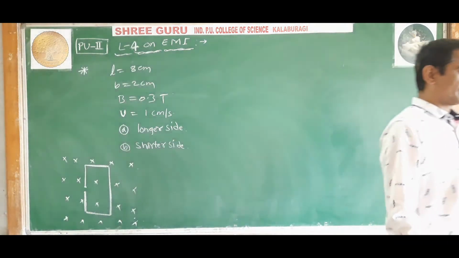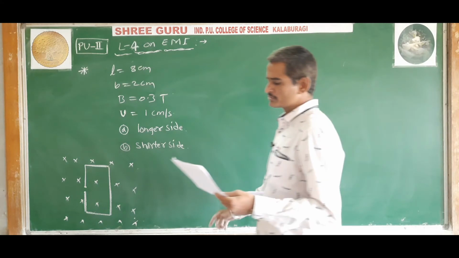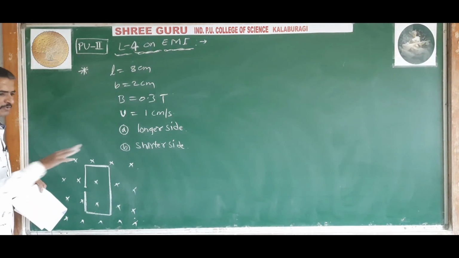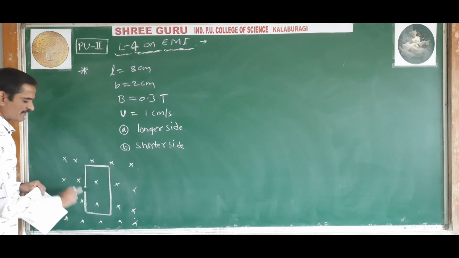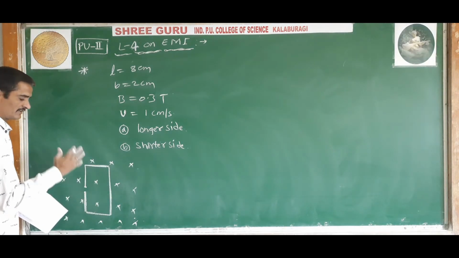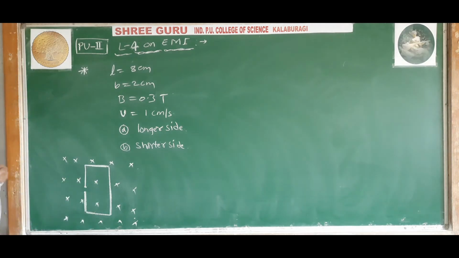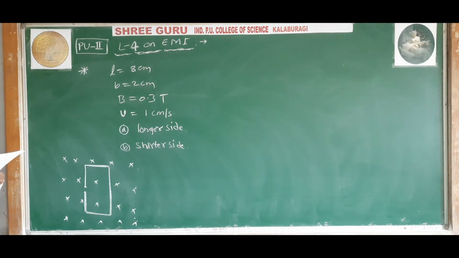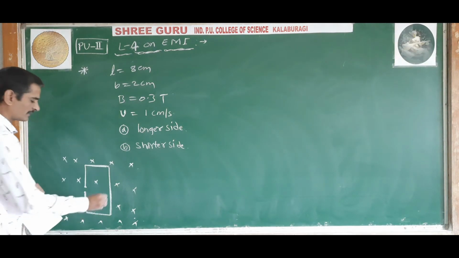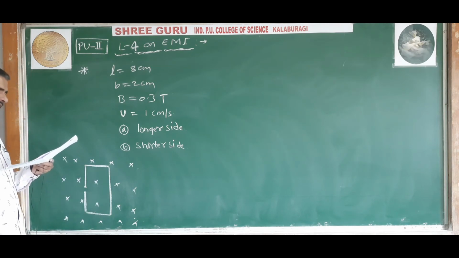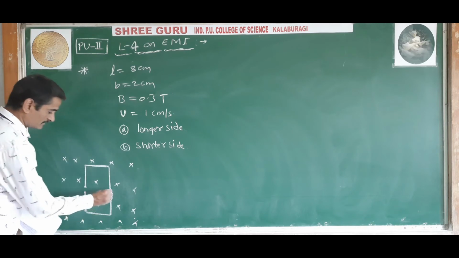The loop is normal to the magnetic field. The surface area of this rectangular coil is perpendicular to the magnetic field. So it is moving out. What is the EMF developed across the cut if the velocity of the loop is 1 centimeter per second in a direction normal to the longer side?